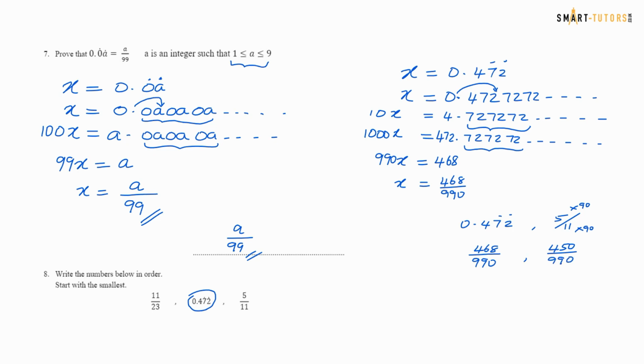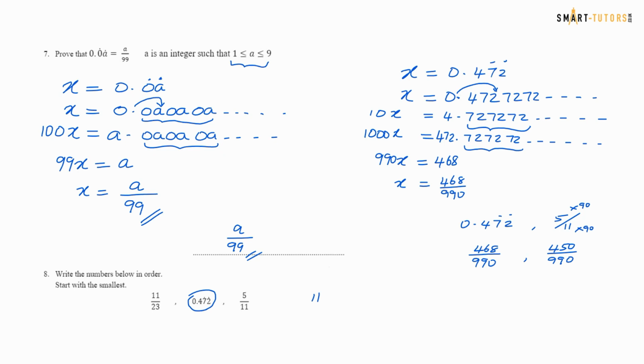So out of these two numbers, this number is the smallest, right? And 11 upon 23, 5 upon 11, which one is the smallest number? 11 times 11 is 121, 5 times 23 is 115. So this is smaller, this is bigger.